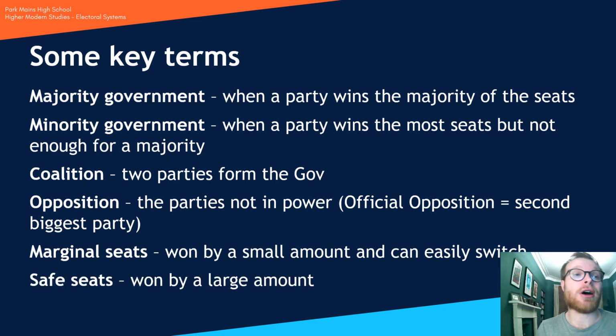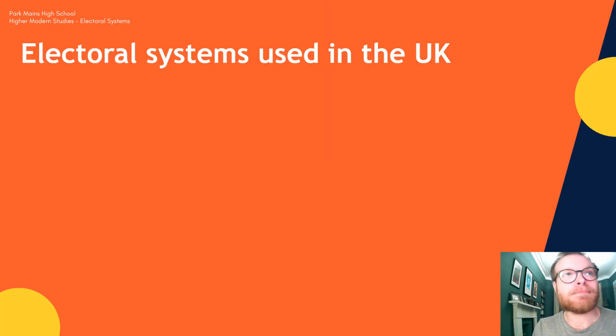So safe seats are constituencies where one party tends to always win, and they win by a big majority, so that actually it's very, very difficult to change the party there. It tends to stay exactly the same. So take a note of these key terms, pause the video now, and then I'll move on to the next bit.